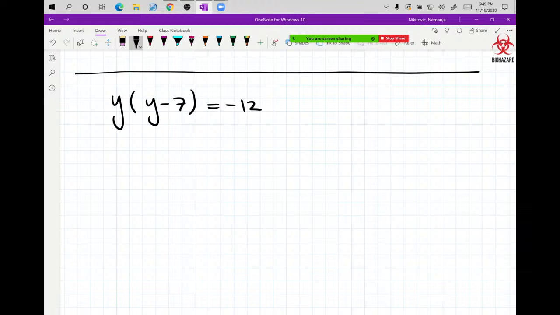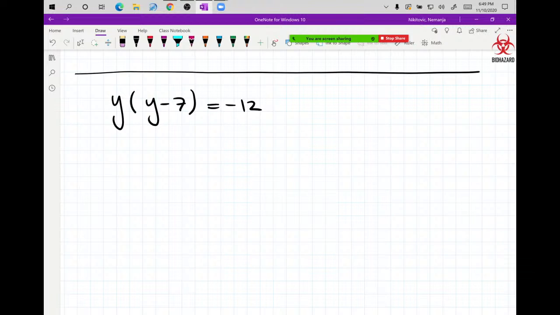And the other thing is that you can't separate these now, because this is not 0, it's negative 12. Our rule is called zero product rule, not negative 12 product rule. So I actually have to multiply this and do all of those calculations and move 12 to the other side to get 0, and then see where I can go from there.